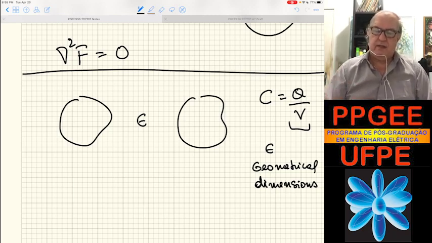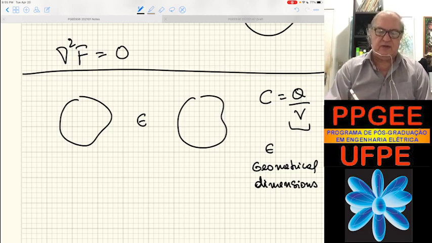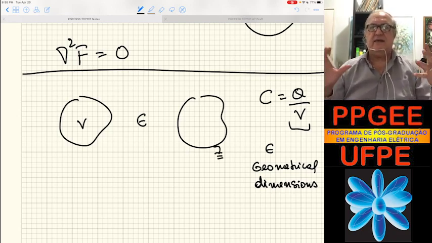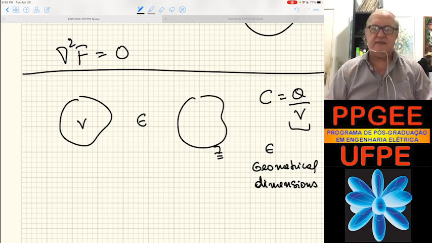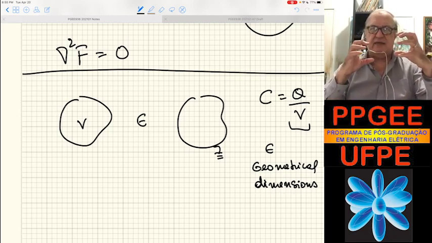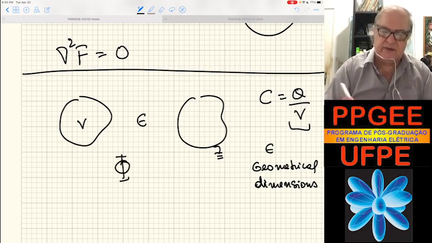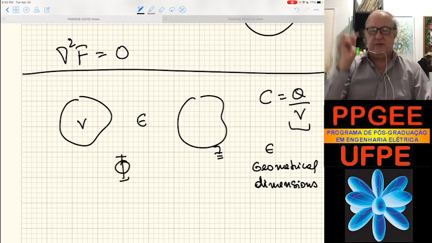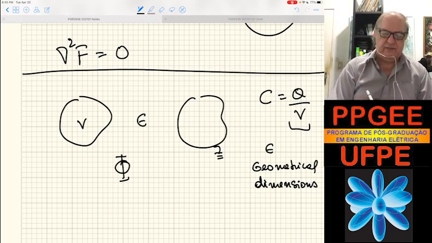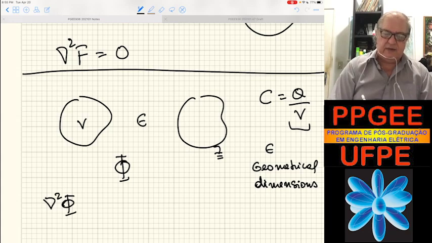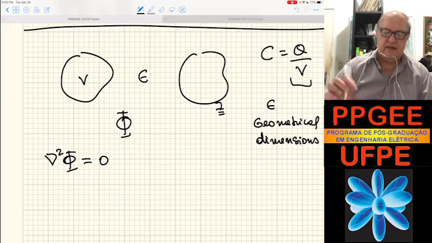So, how do you do the problem? We assume that one electrode is at a given potential, the other one is grounded. We have two electrodes in a medium that is infinite in region. We have to solve for the potential function, subject to the boundary conditions. How to solve it? Well, we have to solve Laplacian of phi equals 0.